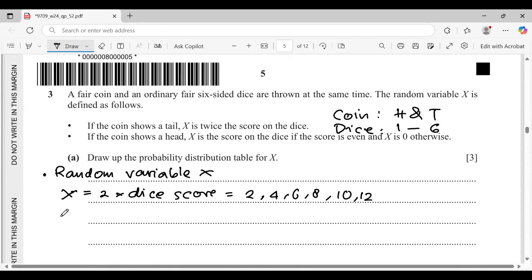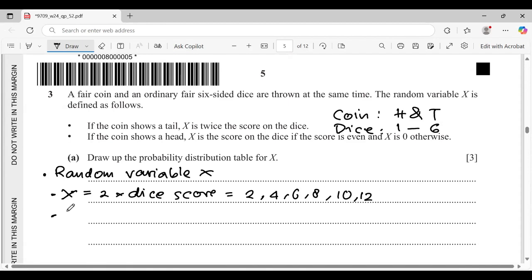This is if the coin shows tail. The second condition is if the coin shows head.